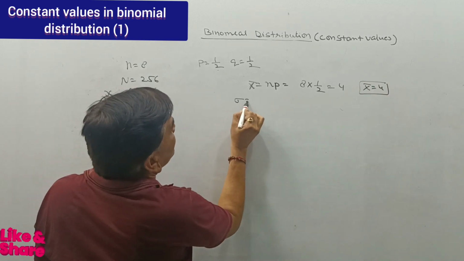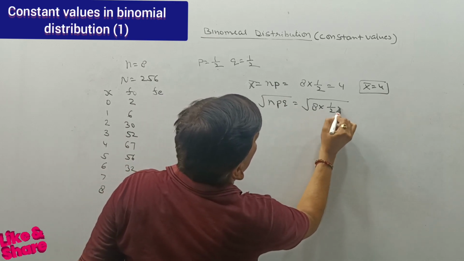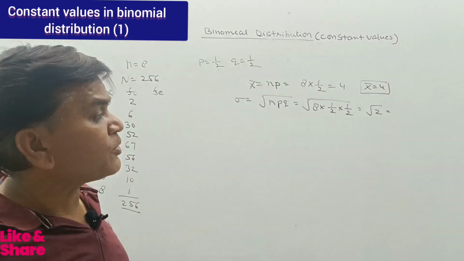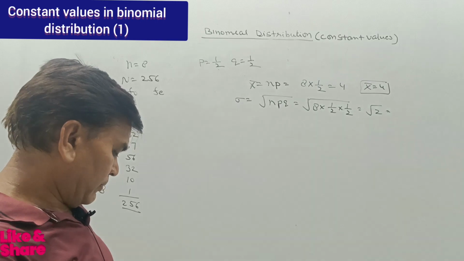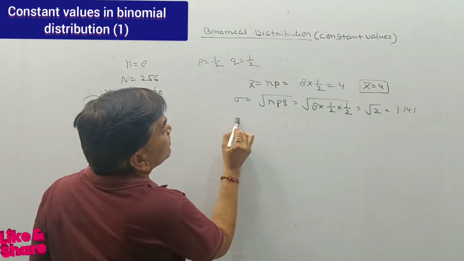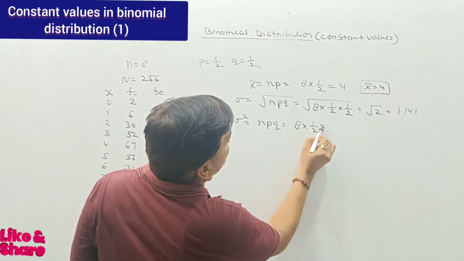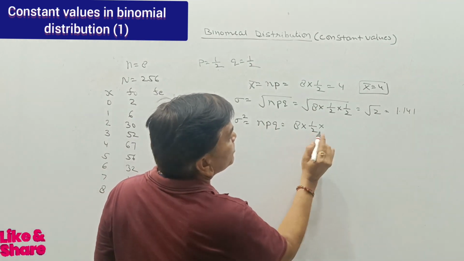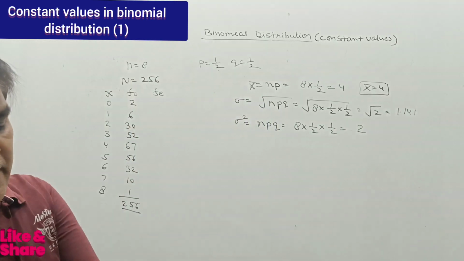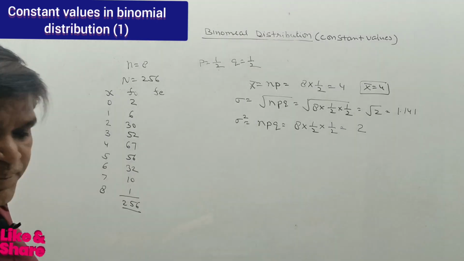Second, to calculate the standard deviation, that is the square root of npq, that is 8 multiplied by 1 by 2 multiplied by 1 by 2, which is the square root of 2, that is 1.414. The variance is npq, with n value 8, p value 1 by 2, and q value 1 by 2, so it will be 2. Next we calculate the moment coefficient of skewness.